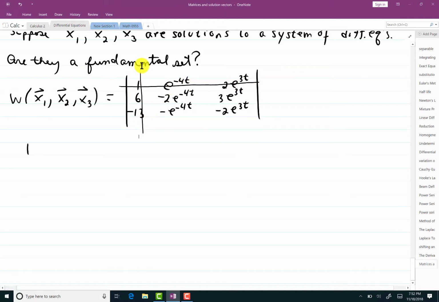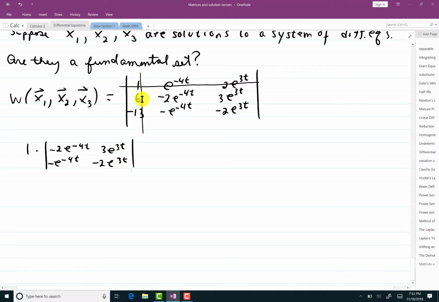If I cross out the row it's in and the column it's in, what's left is a matrix, and I'm going to take the determinant of it. Negative 2e to the negative 4t, 3e to the 3t, negative e to the negative 4t, negative 2e to the 3t. Okay, so that's for the 1.